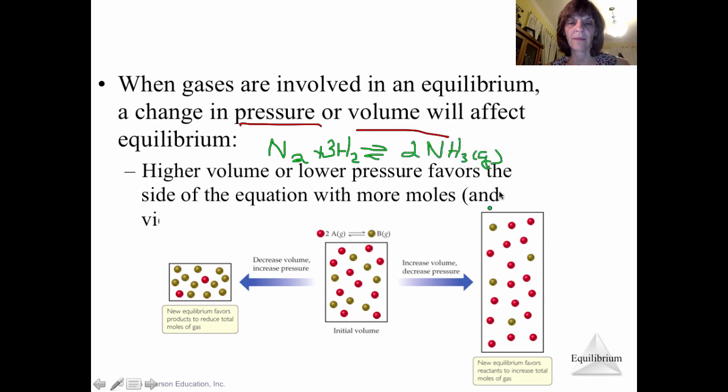And these are all gases. So you have 4 moles of gas in the reactant part and 2 moles of gas in the product part. So higher pressure is going to favor the products. It's going to squeeze them all together and want them to be more condensed, fewer molecules. So for Haber, one thing he figured out was to increase the pressure in the system, and that would favor the product.